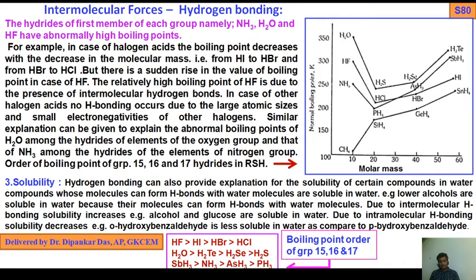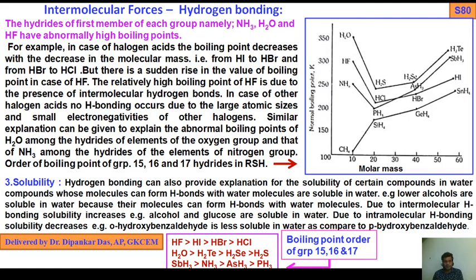Fluorine can form hydrogen bonding, but the rest of the elements, due to the lesser electronegativity difference, cannot form hydrogen bonds. Similarly, water is greater than H2Te, H2Se, H2S, hydrogen sulfide.